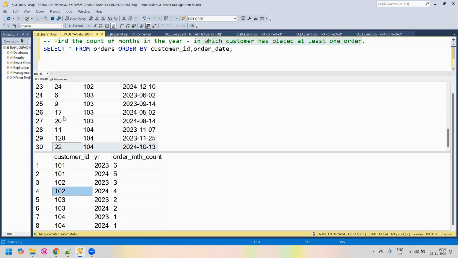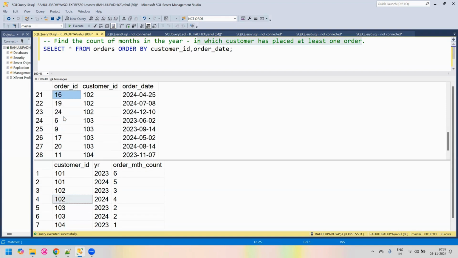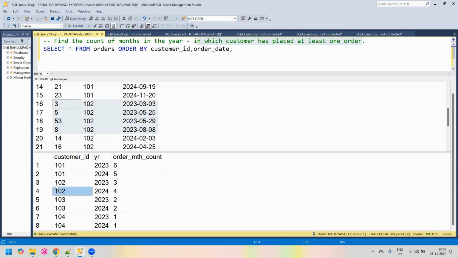Let's take another example of customer 102. In the year 2023, this customer has placed 4 orders, one in March, 2 in May and 1 in August. So he has placed orders in March, May and August, that is 3 months. So for this user in the year 2023, the count will be 3.